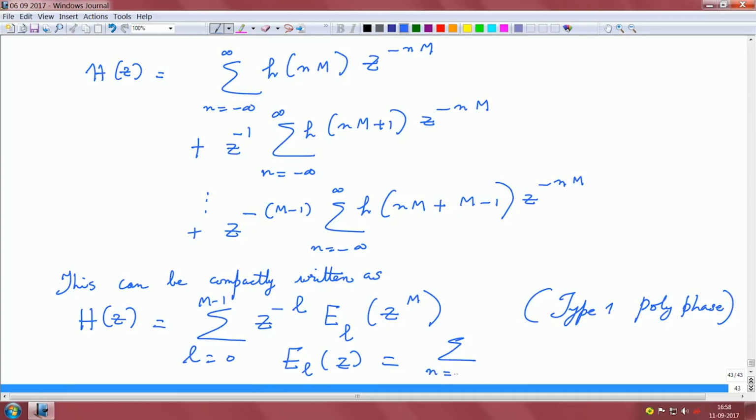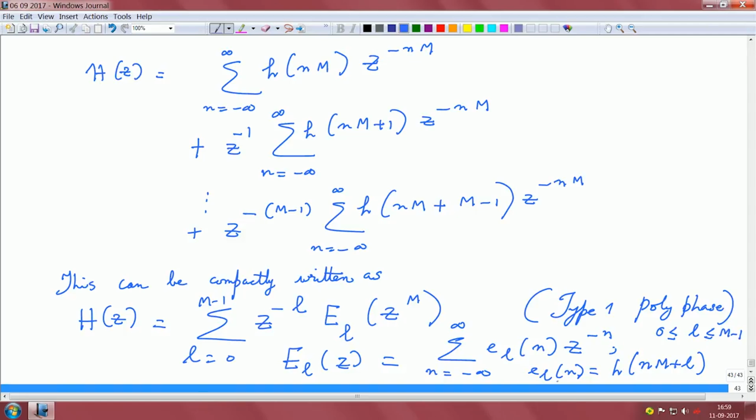So EL of Z is given by this quantity, the sum of EL of n z power minus n, and EL of n for the nth phase is basically h of nm plus L, where L is between 0 and m minus 1.